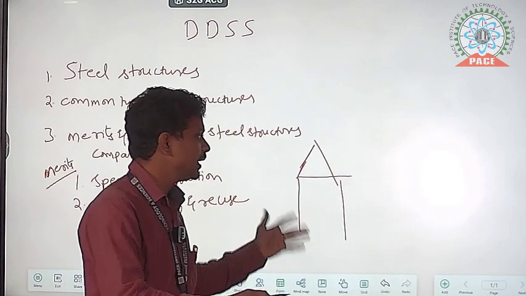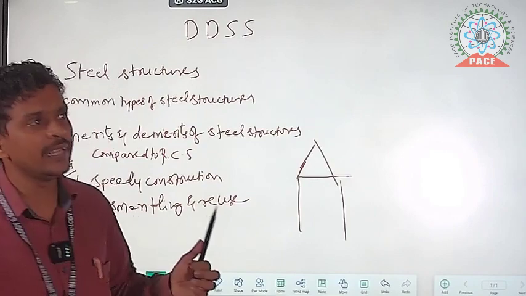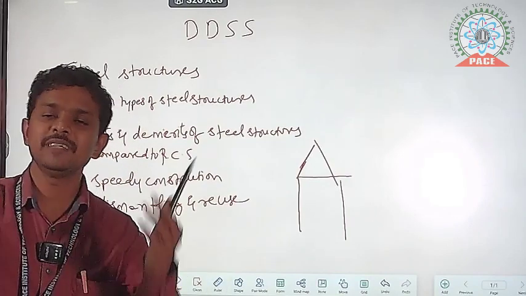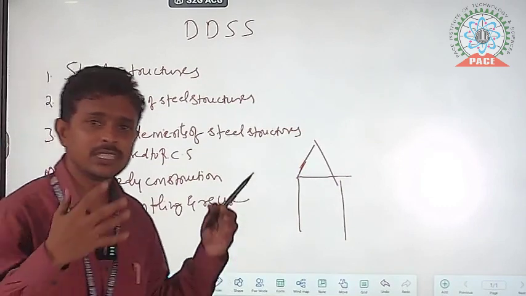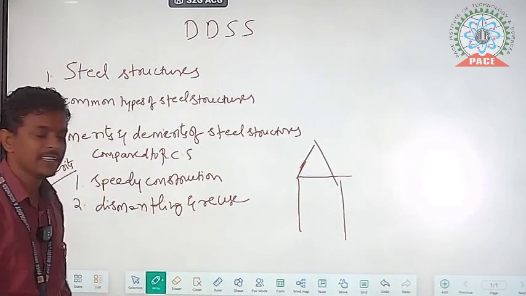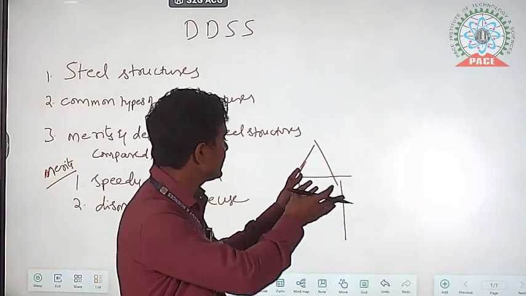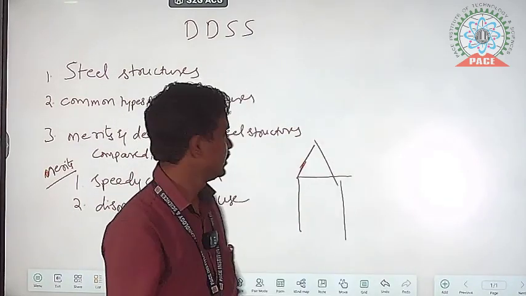We have to break the walls, the beams, the slab, everything. It takes a lot of time and so much money is also wasted, but steel we simply dismantle and go wherever we need. Again, these structural members we can use somewhere for another structure. So that is the main advantage, the merit, of the steel structure.